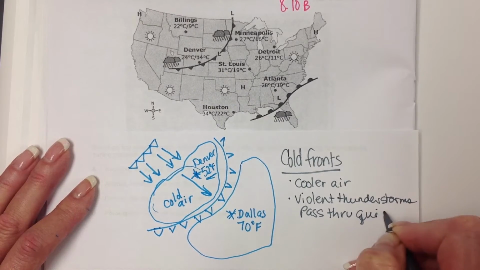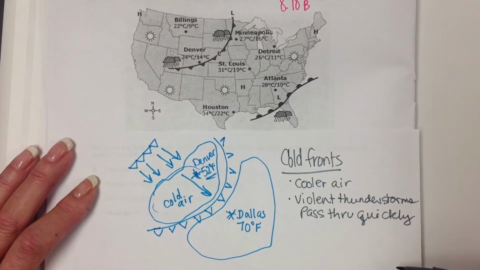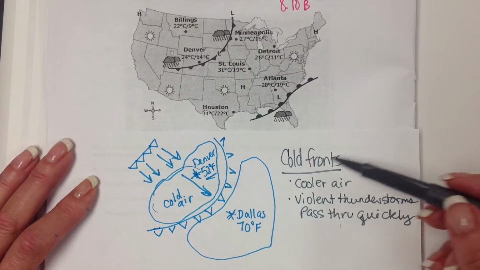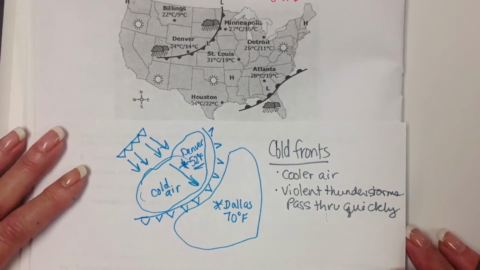So meaning that you might have an hour of heavy, heavy rain, lightning, hail, thunder, maybe even tornadoes. But in general, cold fronts come and go very quickly. It doesn't take them long to move through.